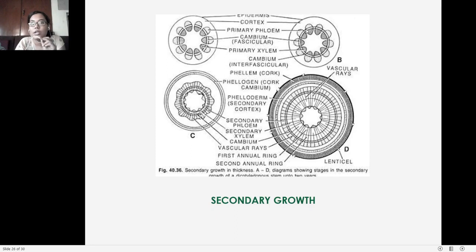The medullary rays and intrafascicular cambium join and form a large ring which is meristematic. Now this ring cuts off secondary phloem on the outer side and secondary xylem on the inner side, and the secondary xylem is produced in much larger quantities. As it grows towards the pith, the older xylem gets crushed away.